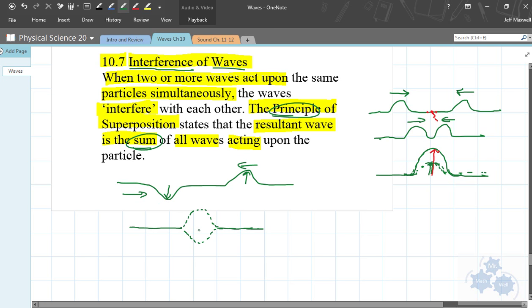If they were identical in amplitude but just opposite in direction, there would be at least one region here where the particles wouldn't move. Technically, you would have something like this happening, and then it would be kind of convoluted here. But basically, there's lots of interference so that they cancel each other out.